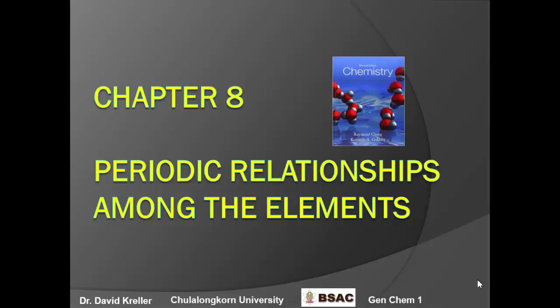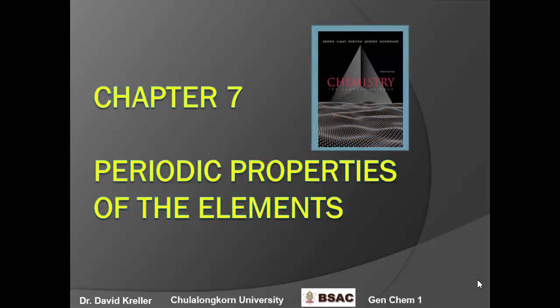I'll start by saying that although this chapter is Chapter 8 in the Chang book, titled Periodic Relationships Among the Elements, this material is very, very similar to the material in Chapter 7 of the book Chemistry, the Central Science, which is written by Brown, LeMay, Burdge, Murphy, and Woodward.